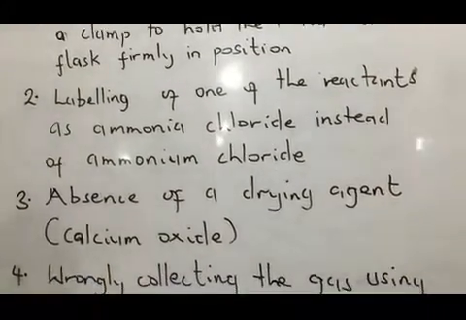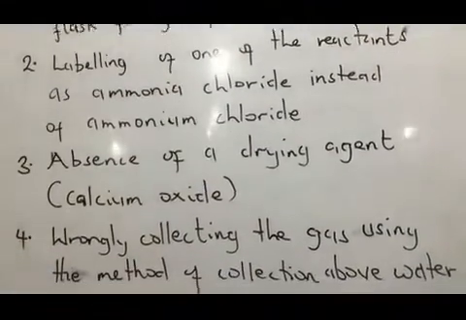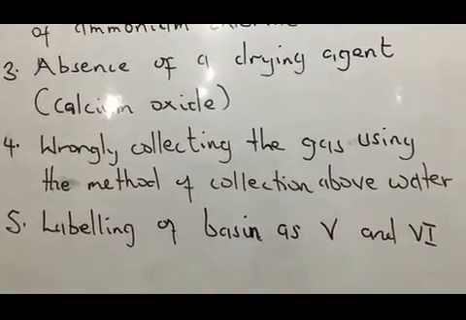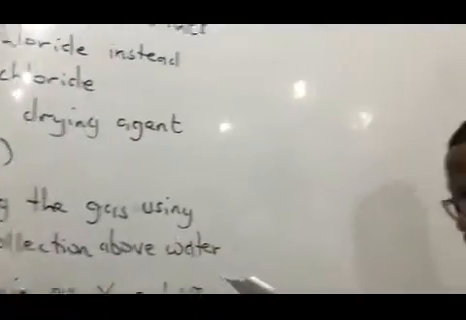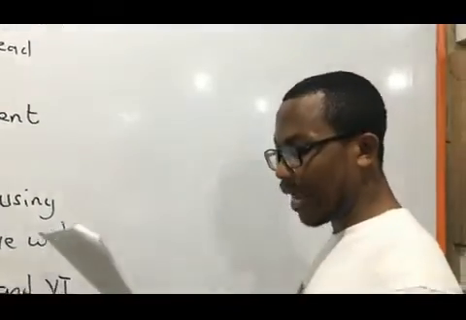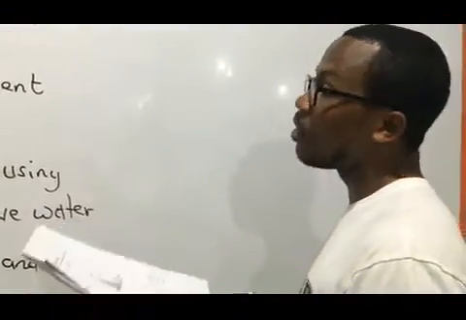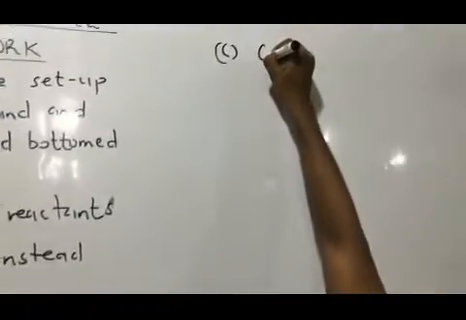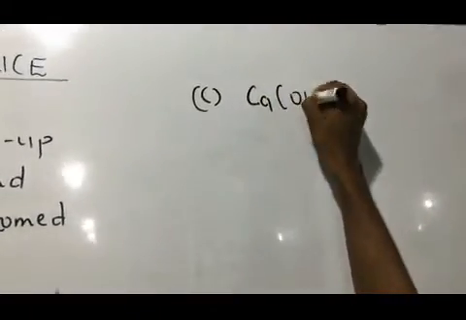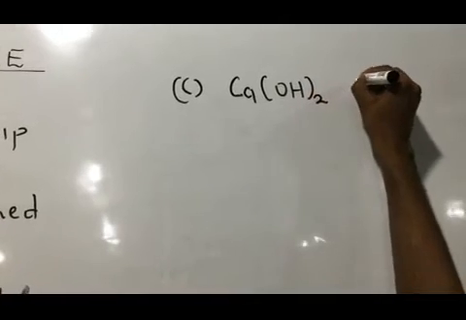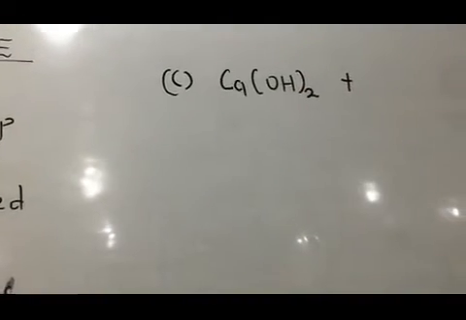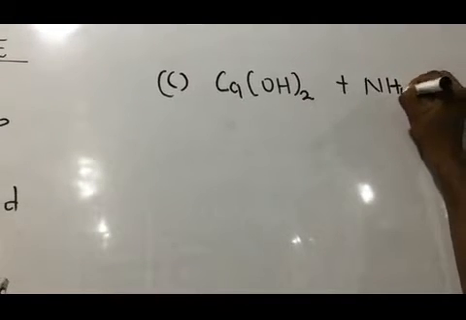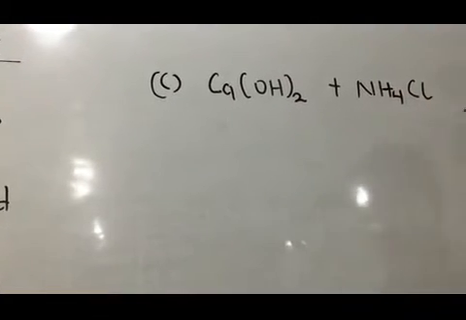Question C. Question C says, write a balanced chemical equation for the reaction that occurred in the part labeled I. So the reaction is between the calcium hydroxide plus, as I said, the correct reactant there should be ammonium chloride, and not ammonia chloride.